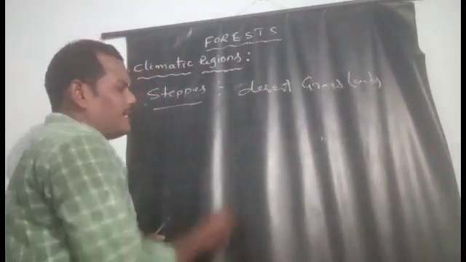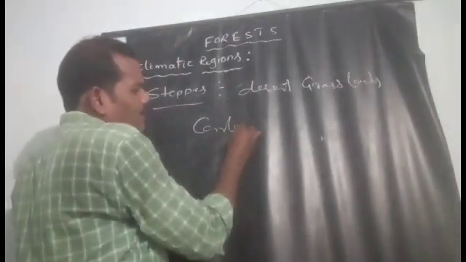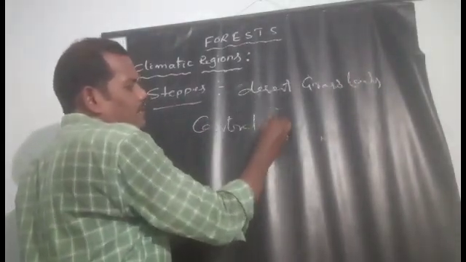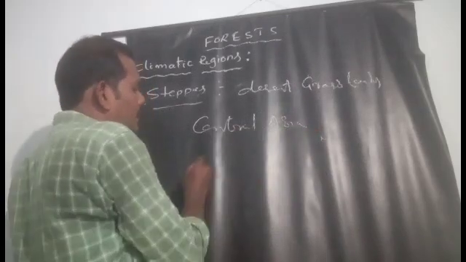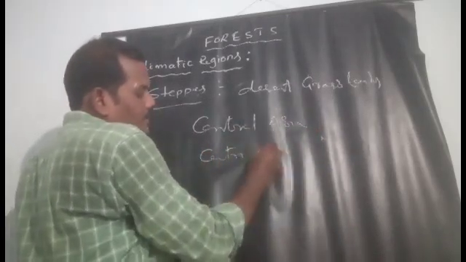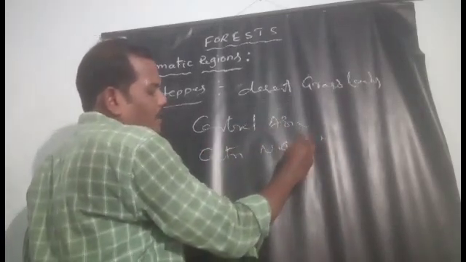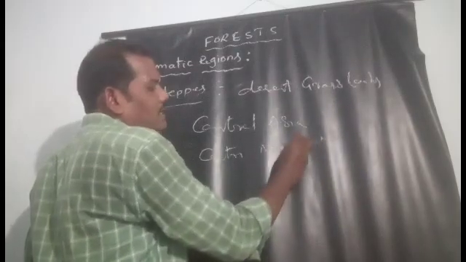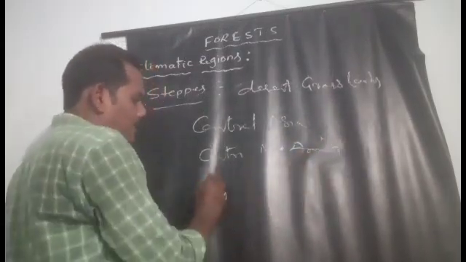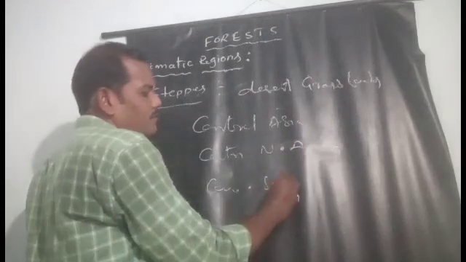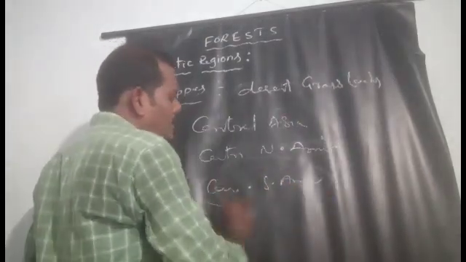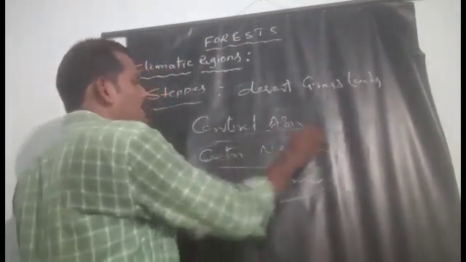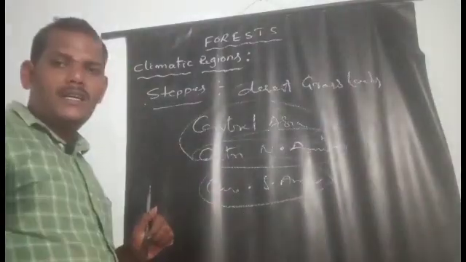Where is it located? Central Asia, Central North America, and Central South America. These regions are where the Steppe climatic region is majorly situated.